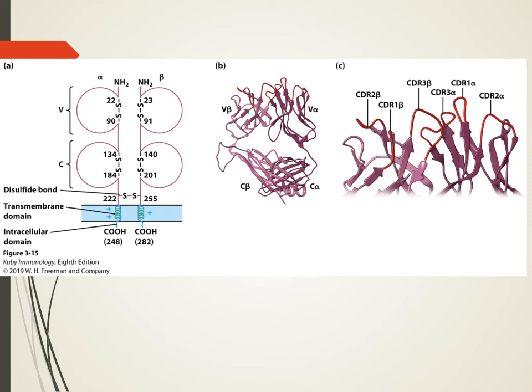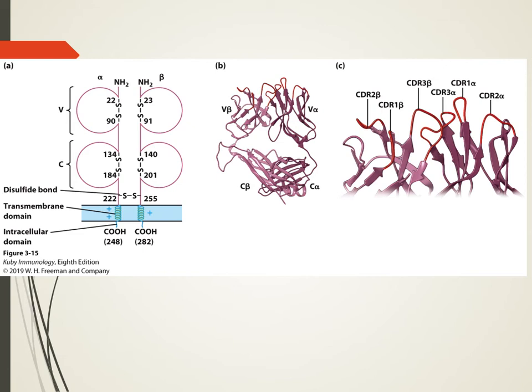So just looking back at a figure from chapter 3, we looked at the T cell receptor and talked about how there are two chains or two subunits, and within these subunits we had the constant and variable region. In panel B, looking at the ribbon model, you can see how these domains are formed, how we have the domain making up the constant, and then the domain making up our variable region.